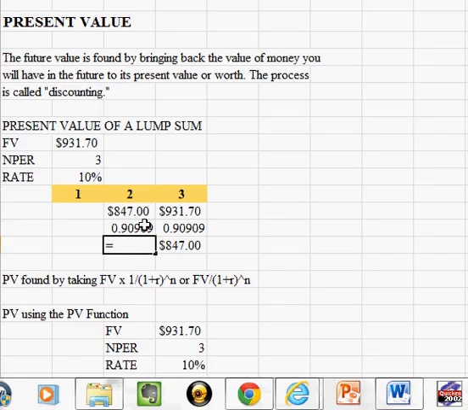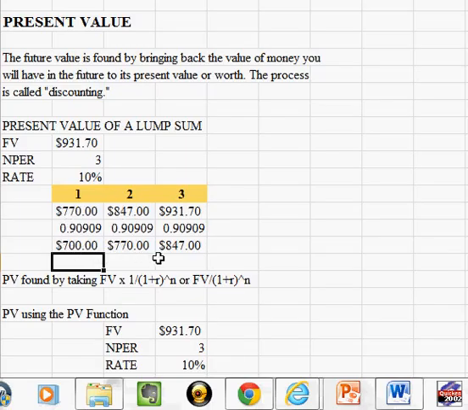Then I multiply those two numbers together and find that at the beginning of year 2, I would have had $770. So at the end of year 1, I have $770. Then I do the factor again, equals 1 divided by 1.10, and I multiply those two out. At the beginning of year 1, I would have had $700. So it's showing us the same thing that we found in a future value, only working it backwards.